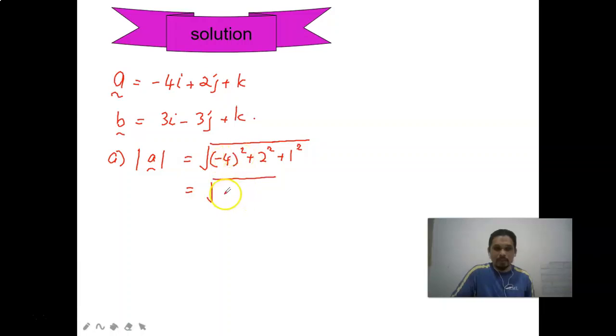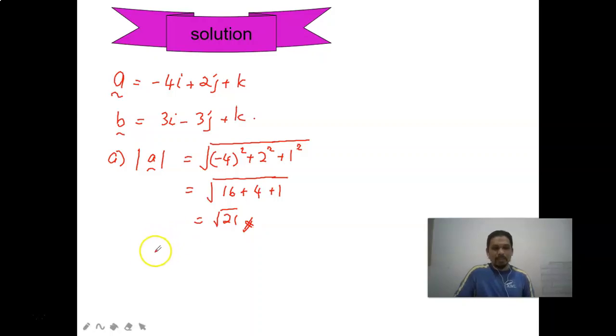Negative 4 square equals 16, plus 2 square equals 4, plus 1 square equals 1. 16 plus 4 is 20, plus 1, so you come out with the square root of 21.